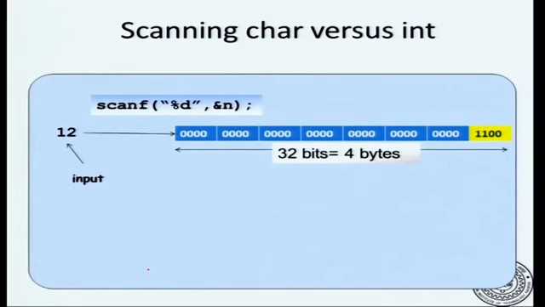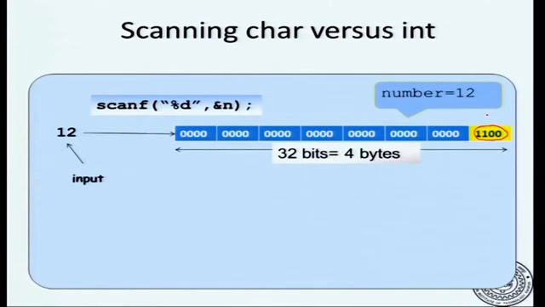Now on a typical machine, an integer variable may occupy 32 bits, or 4 bytes. And if you know the binary notation, you will see that 1100 in binary is the number 12. So this is 8 plus 4, which is 12.